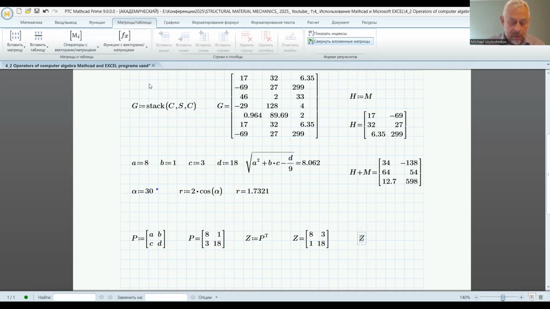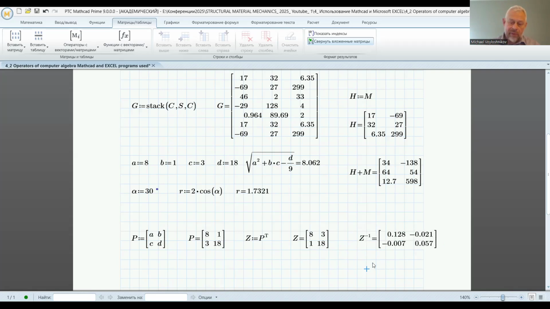Sorry, that's not the way to do it. For the inverse matrix, we press shift and do the upper index -1. Equal, okay.